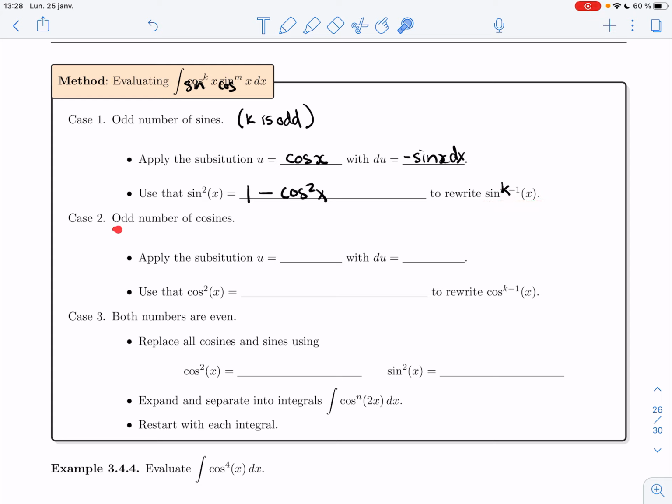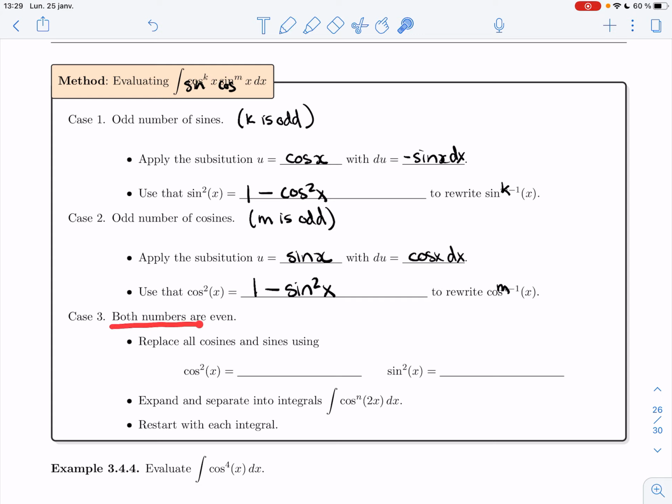If you have an odd number of cosines, so that means m is odd, you use the substitution u equals sine of x, with du being cos of x dx. You use that cosine squared is 1 minus sine squared of x to rewrite cosine to the m minus 1.